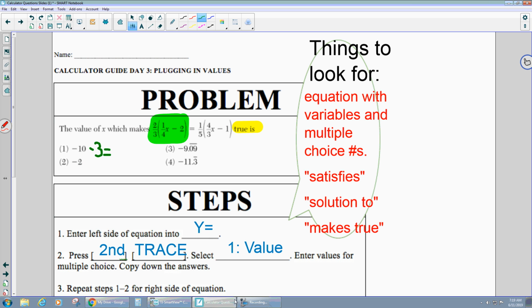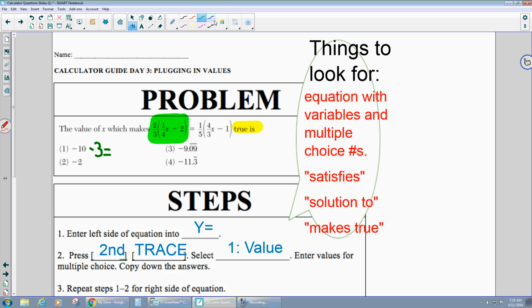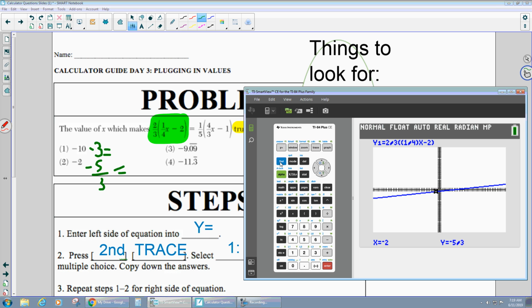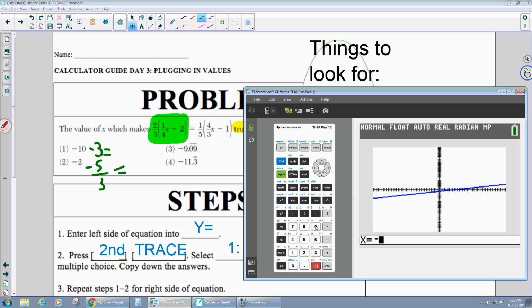Okay, let's try negative 2 now. So second trace, value, negative 2. This is negative 5/3. So negative 5/3 equals. The little bar on top means repeating. I typically like to write it 3 times. So let's do that again. Second trace, value, negative 9 point, and then the 0.9 is repeating, so I'm going to do that 3 times: 0.9, 0.9, 0.9.